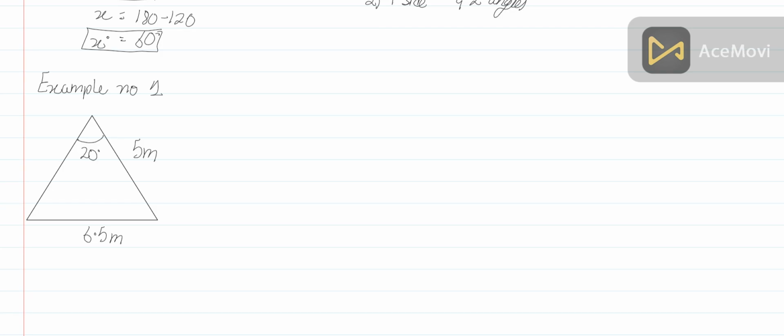And I'm saying you have to find out this angle, that is x degrees.